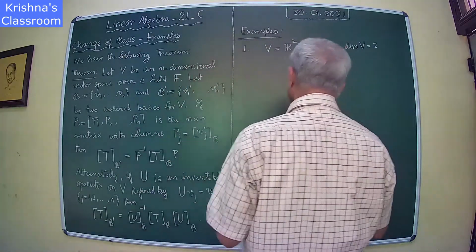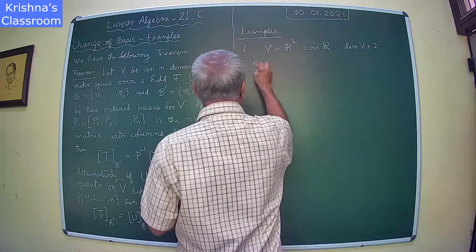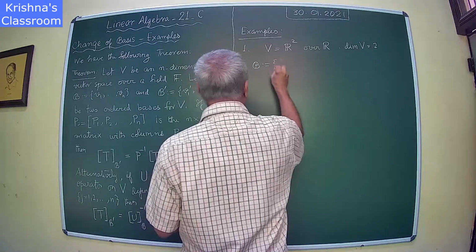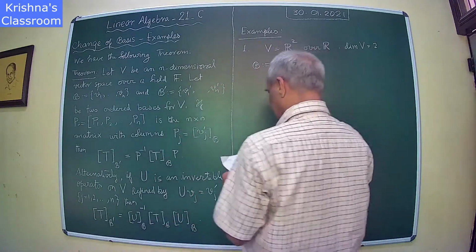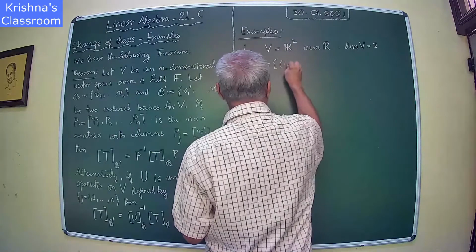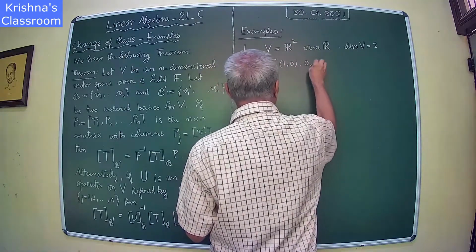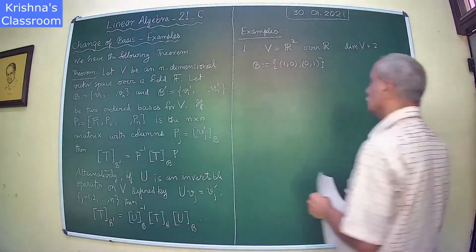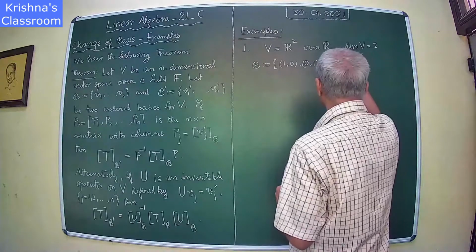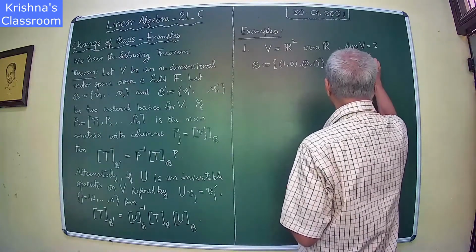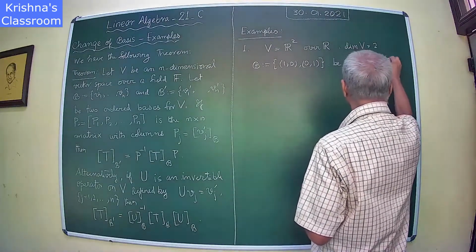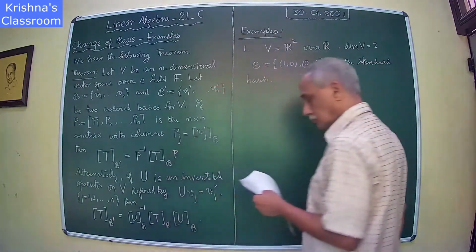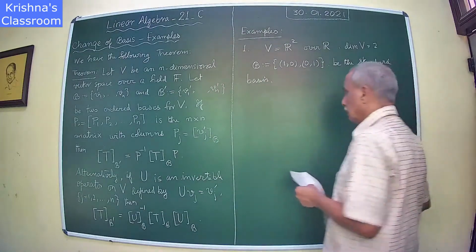The first ordered basis B that we choose is the standard ordered basis, namely 1, 0, and 0, 1.